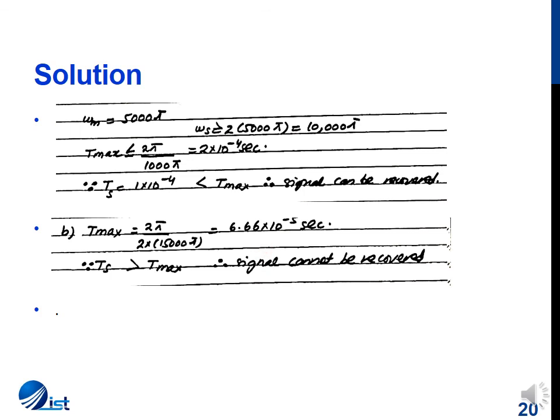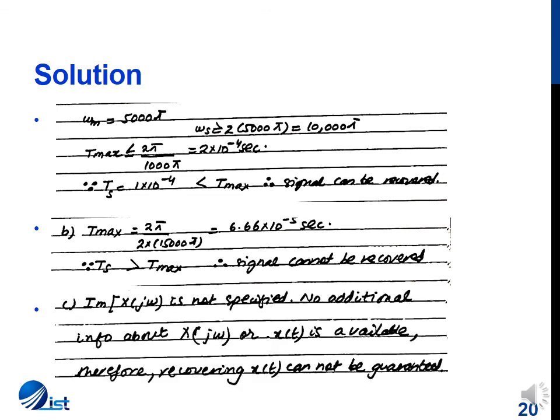If it was less, then the signal could have been recovered, but since it is greater, the signal cannot be recovered. For the third part, since we already discussed that the imaginary part of X(j omega) is not specified and there is no additional information given about it, or x(t), we can say that recovering x(t) cannot be guaranteed.